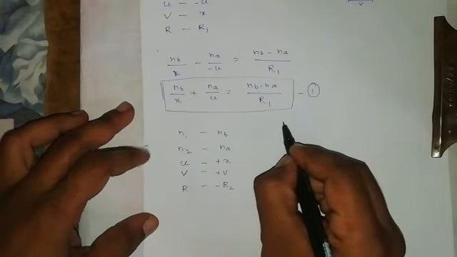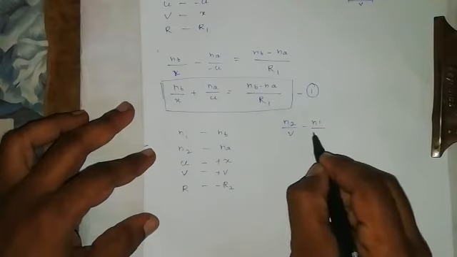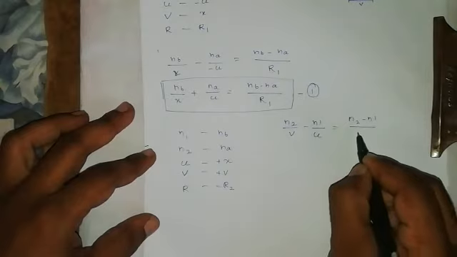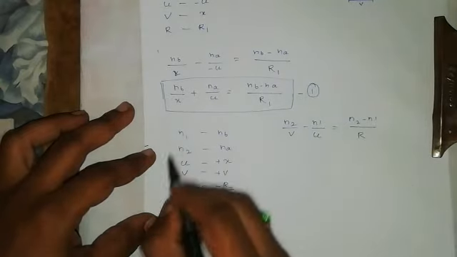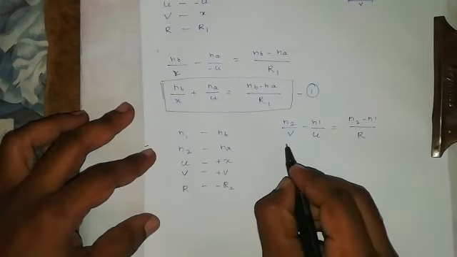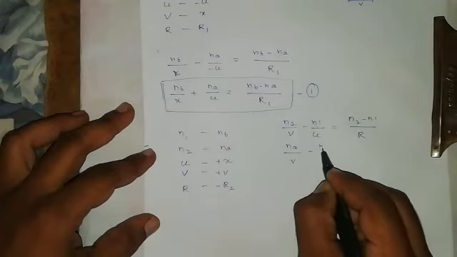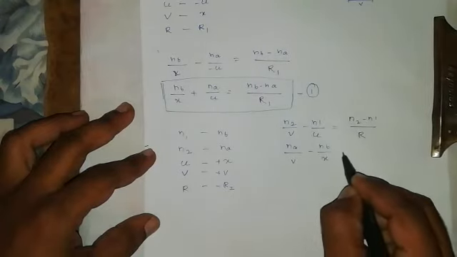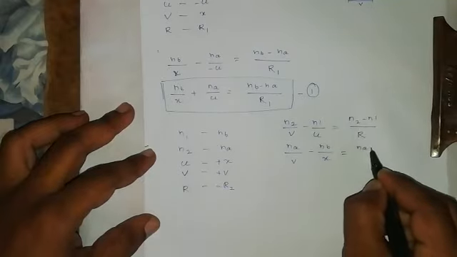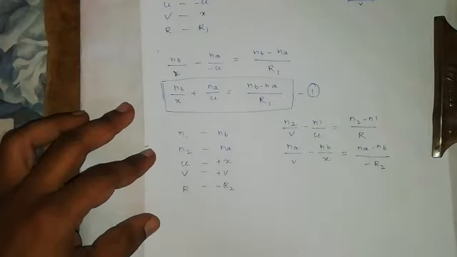Let us substitute these in the equation. n2 by v minus n1 by u is equal to n2 minus n1 by r. Substituting these values, I get na by v minus nb by x is equal to na minus nb by minus r2.